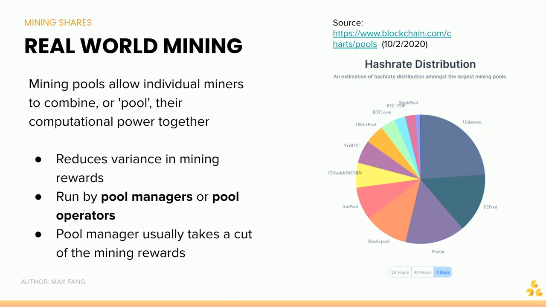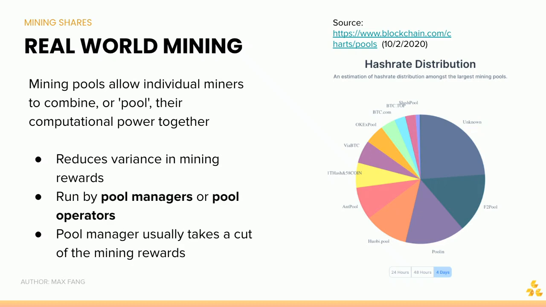It reduces the variance in mining rewards. If you get a mining reward, you're not going to keep the 6.25 Bitcoin to yourself; you have to share it with the pool. But if someone else in the pool gets that reward, they distribute it to you. It's usually run by a pool manager or pool operator who takes a cut of the mining rewards.